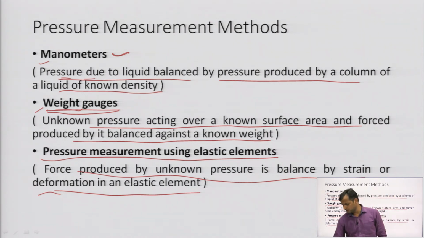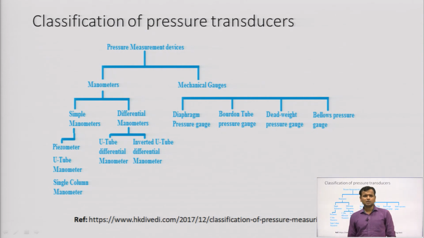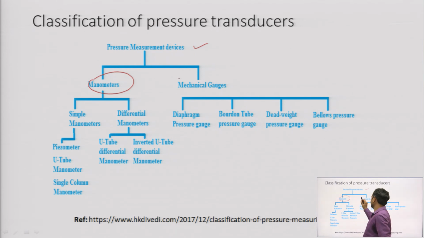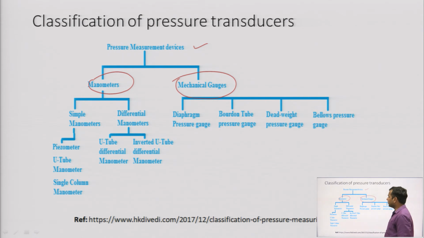So, we are going to see the classification of pressure measurement methods. There are various methods of pressure measurement. Here you can see that there are mainly two types of methods that we will follow: first is the manometer and the second one is mechanical gauges. In manometers there are different types, in which you can measure the head pressure and also the differential pressure.